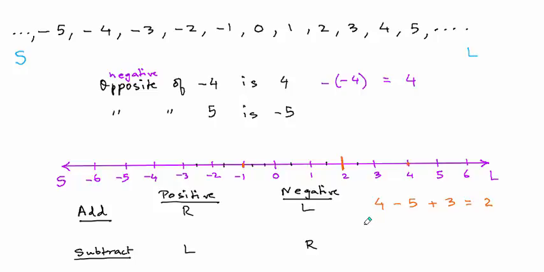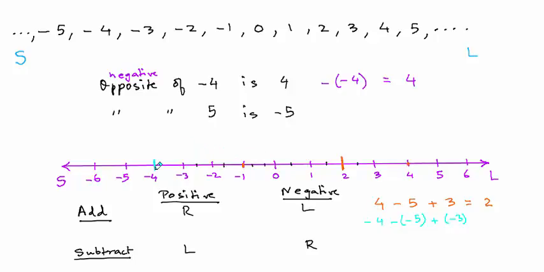How about trying something like negative 4 minus negative 5 and then perhaps a plus negative 3? How do we do that? Well, start from 0 again. The first number is negative 4, so you want to jump 4 steps to the left. 1, 2, 3, 4.